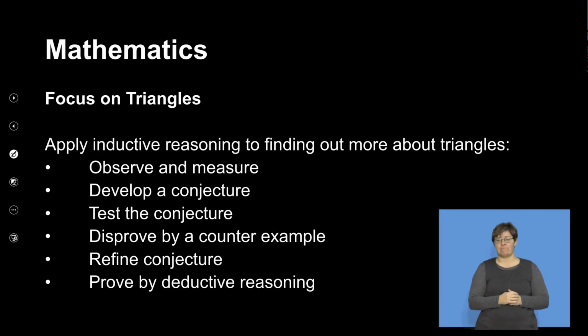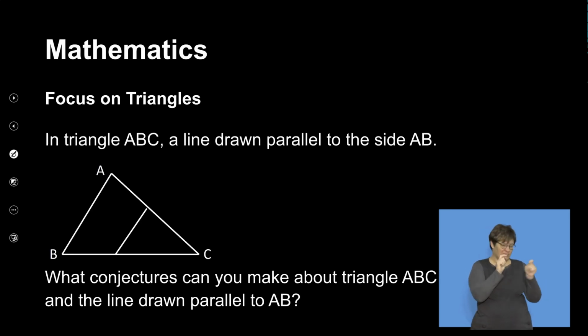So just remember, we're always going to be remembering what this inductive reasoning is about. I said observe and measure, develop, test, disprove, refine, and then prove again. Now, one of the conjectures that we can try and make here is, in a triangle ABC, a line drawn parallel to the third side of the triangle, right, which is AB.